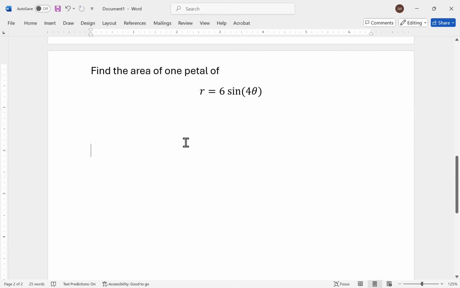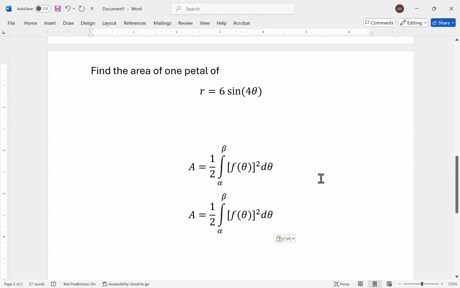First things first, the area of the interior of a polar graph is going to be 1/2 integral from alpha to beta of f squared with respect to theta.